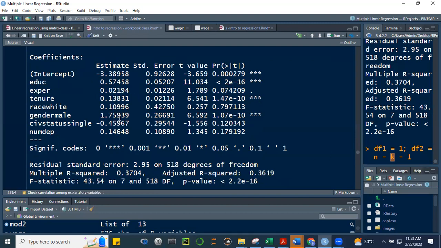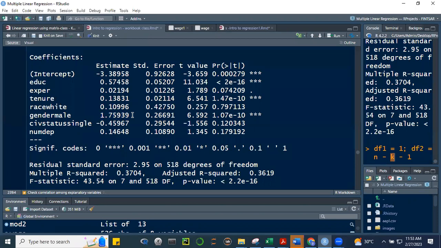What is the meaning of 1.76? Approximately $1.76. Remember, gender male is a dummy variable. Who is zero here? Female. Female is the benchmark, so when we interpret this, it's always in relation to your benchmark. How do we interpret this?